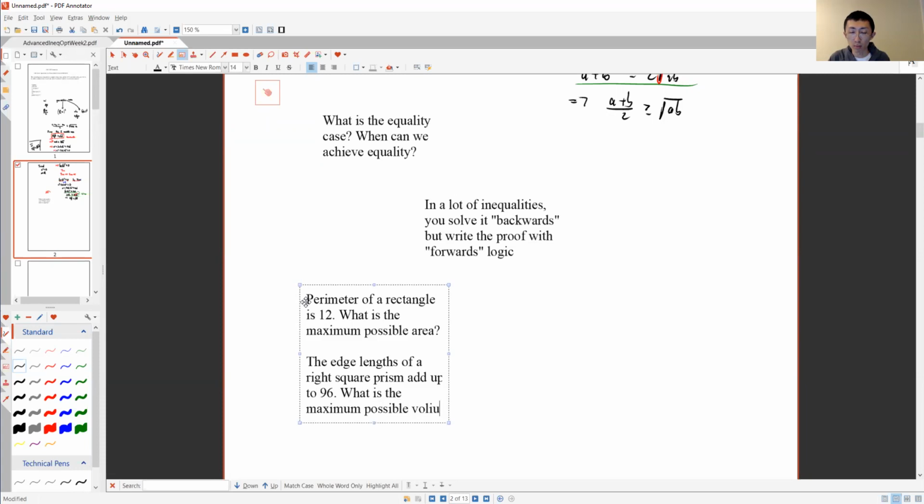So these are some standard problems that you can solve with the AMGM inequality.